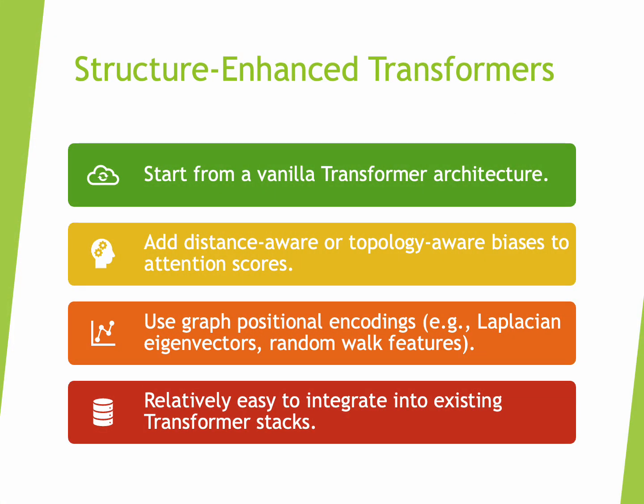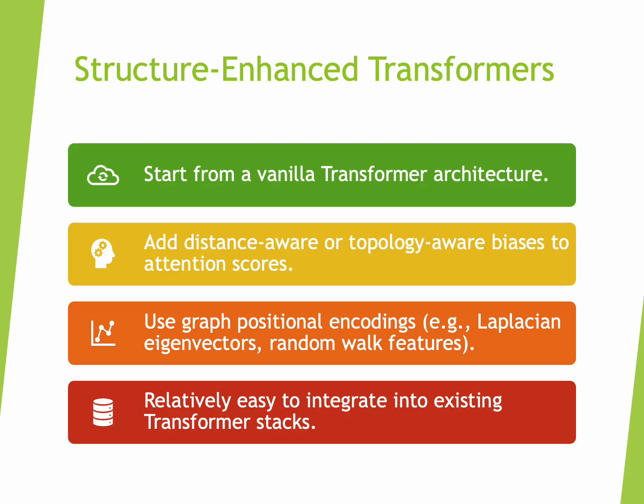So, firstly, let's take structure enhanced transformers. This starts from a vanilla transformer architecture and then injects graph information. A common technique is adding distance aware biases to the attention score, so the nodes that are closer in the graph get different treatment than distant ones.